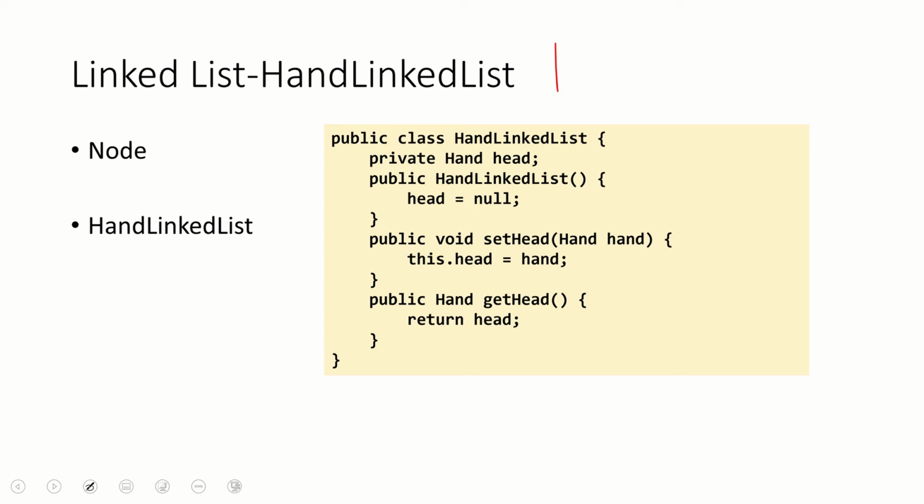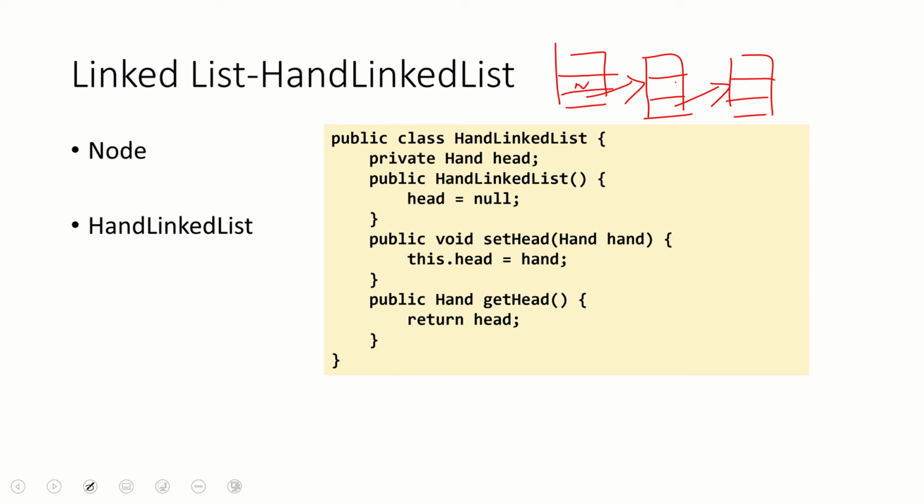As we know, based on the previous example, each individual hand or each individual node has two variables.